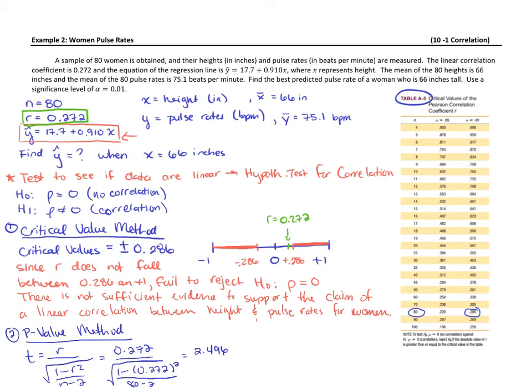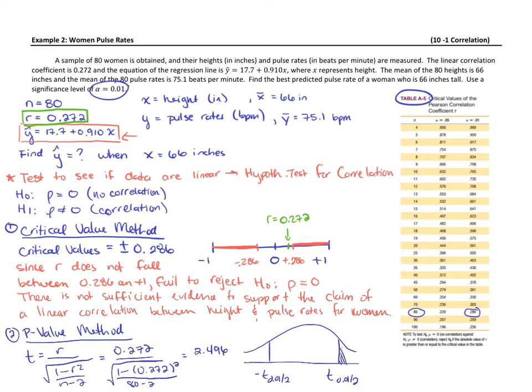So what we're going to have to do here is plot that on the t-distribution, but I've got to find my critical values on the t-distribution. So since alpha is 0.01, our critical value is going to be t sub 0.01 divided by 2 and negative t sub 0.01 divided by 2.